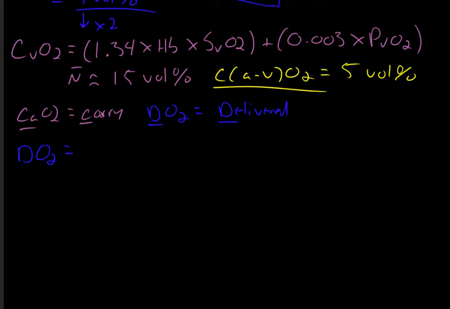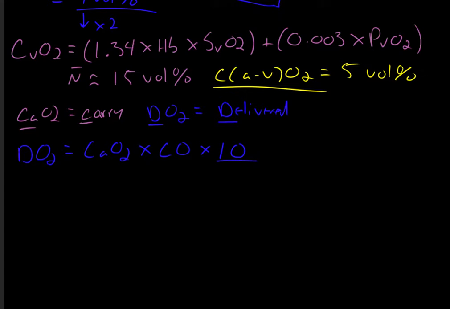So the DO2 equals, so we have to know how much oxygen is being carried in the blood to the tissues. So we're going to take our CaO2, right, because that's our carrying capacity of oxygen in our arterial blood. We're going to multiply that by our cardiac output. So our heart has to pump the blood, doesn't it? And then we're going to multiply that by 10. And this is just a factor to change the units.